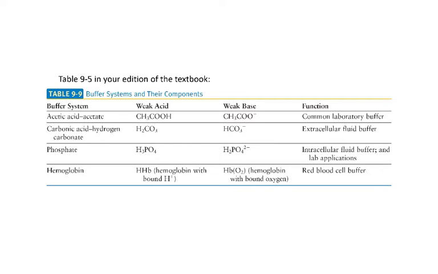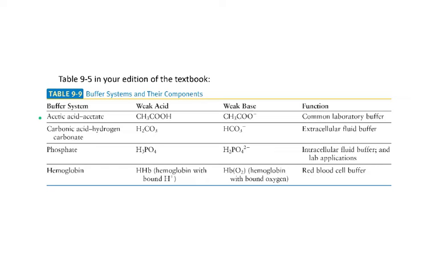Here are some common buffer systems. That's what we call them. This is actually a shot from the previous edition of your textbook where it was table 9.9. I believe it's table 9.5 now in your textbook, but it's basically the same table. So notice that the system name often has both the acid and the base name.